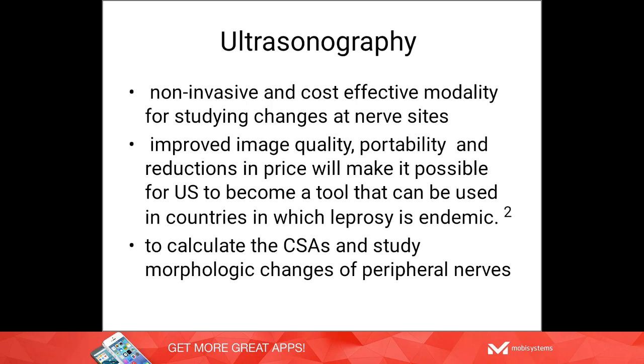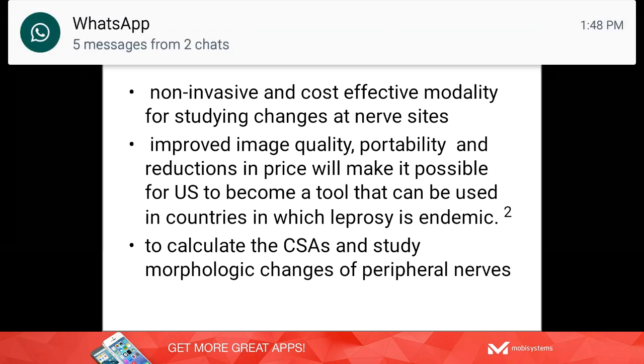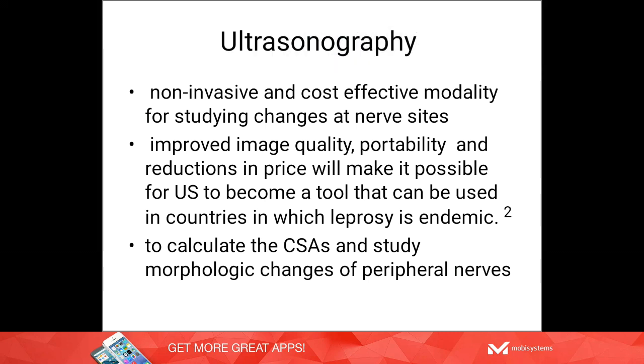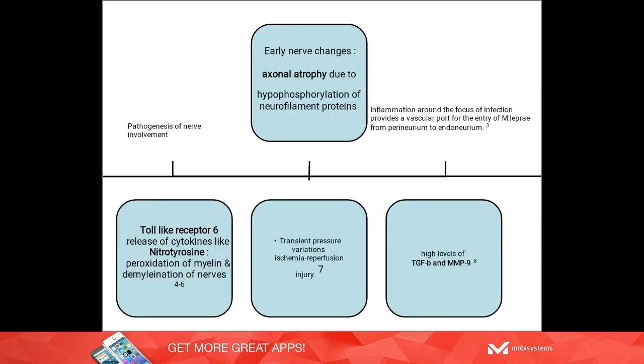Now, ultrasonography is a very non-invasive and cost-effective modality to study nerve changes, and improved image quality, portability, and reductions in price will make it possible for it to become a tool that can be used in countries, especially where leprosy is endemic. And it is used to calculate the cross-sectional area and to study the changes anatomically of peripheral nerves.